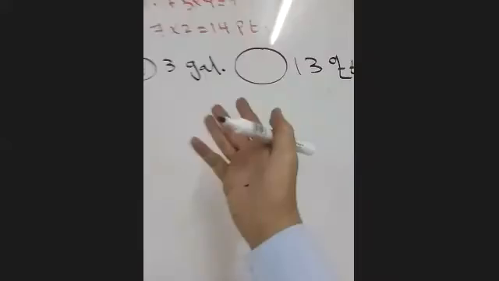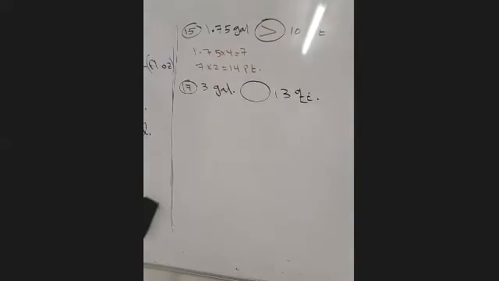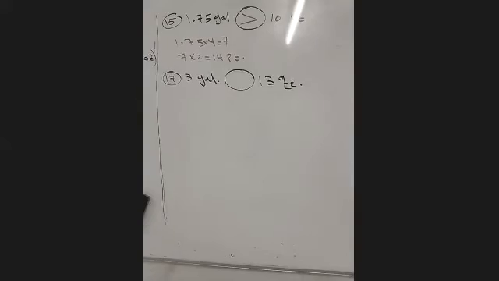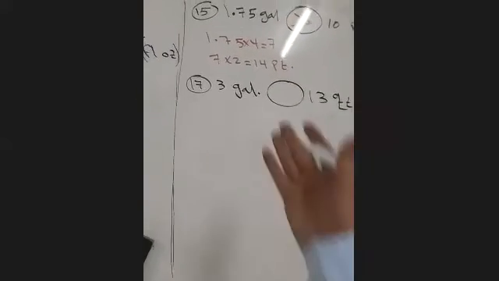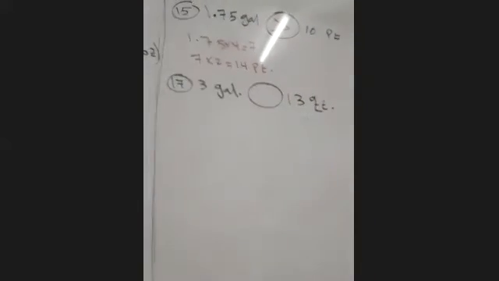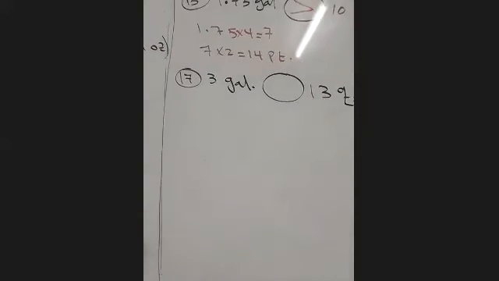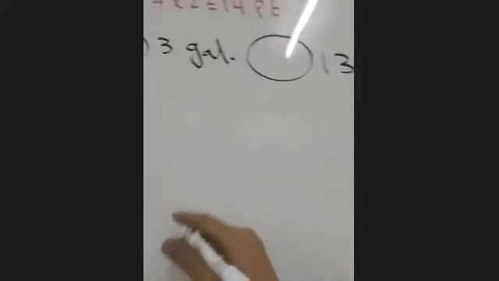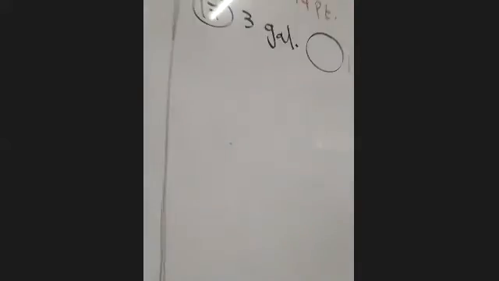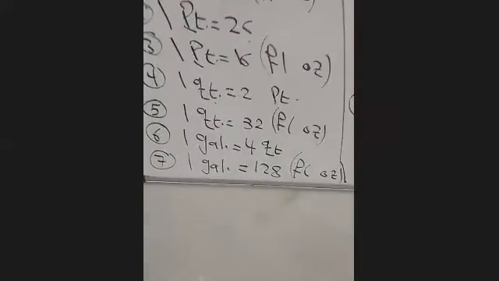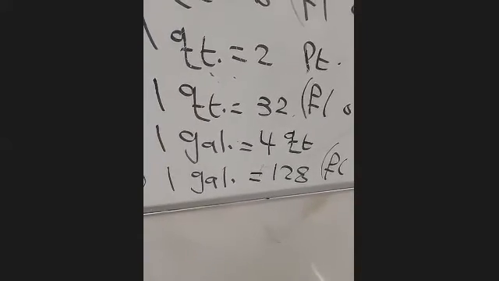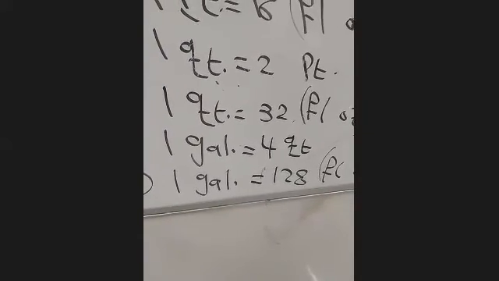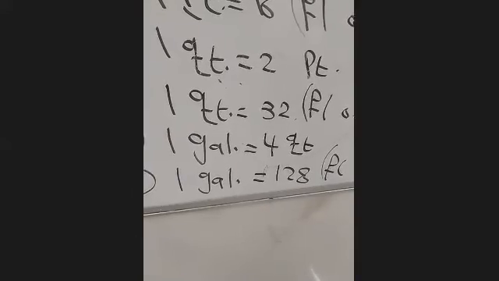Now, can we compare if we have different units? No, we cannot, because we have different units. What we need to do, we turn the bigger to smaller. The gallon to what? To quart. How do we turn the gallon to quart? Multiply by 4.